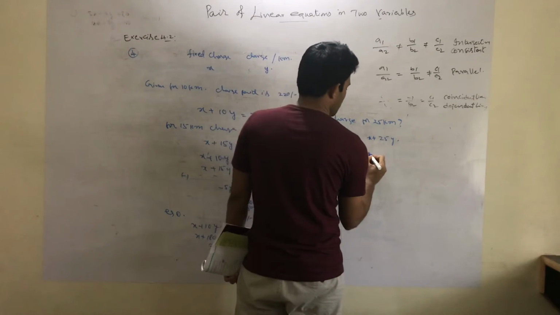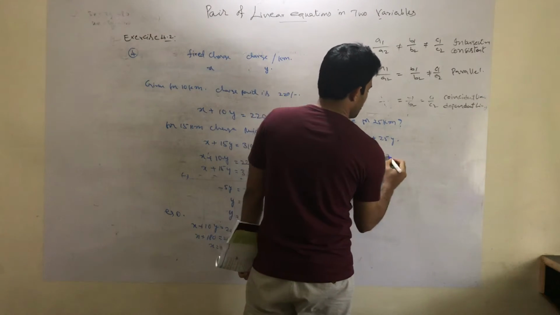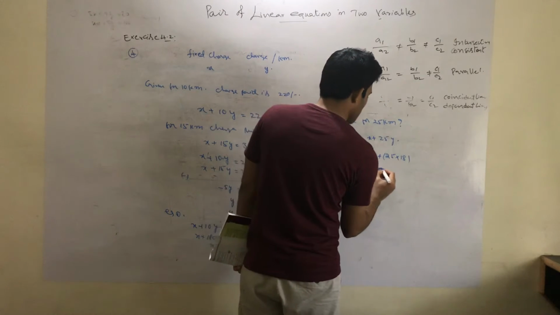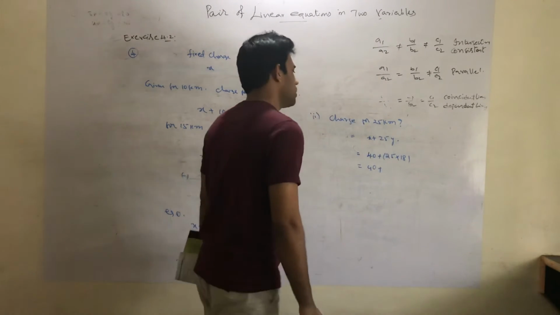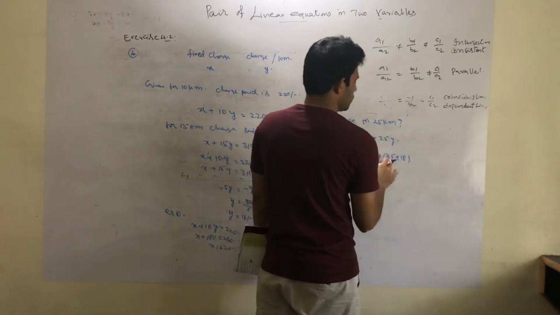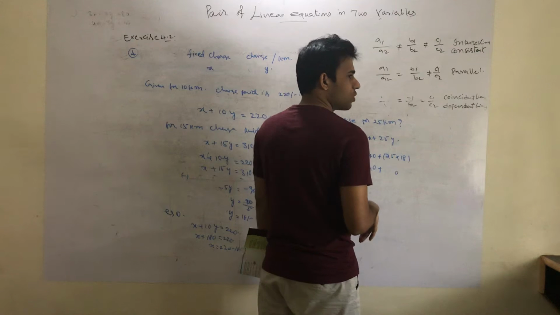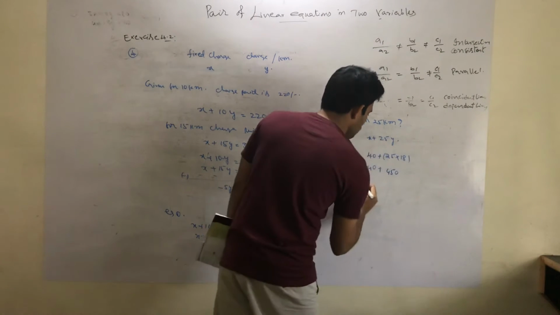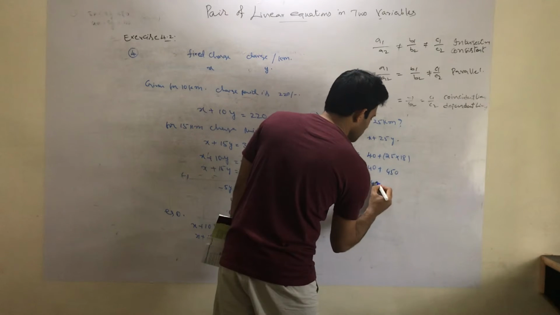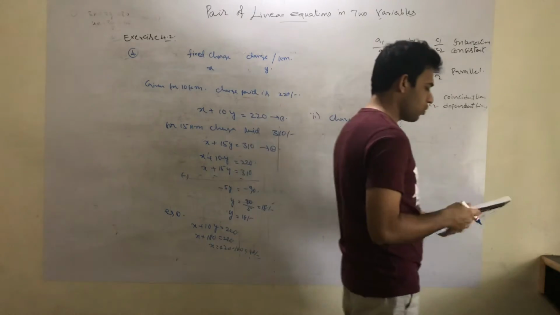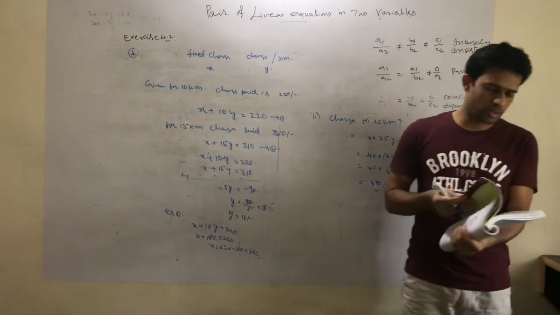So it is 40 plus 25 into 18. 25 times 18 is 450, and 40 plus 450 is 490. So for 25 kilometers, the answer is 490 rupees. Okay, let's verify your answers as well.